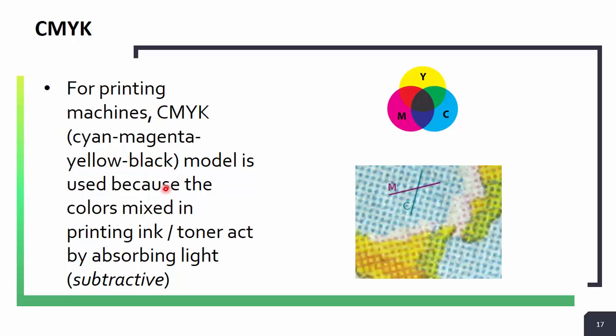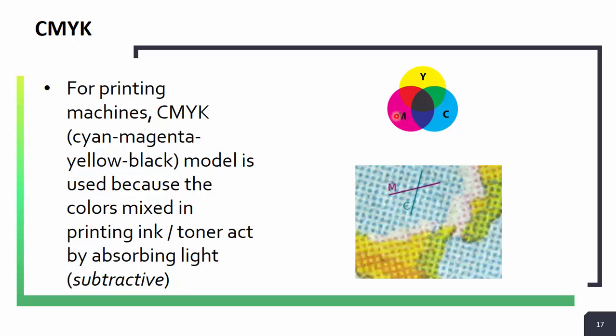This model is used because color mixing in ink printing or toner printing is actually absorbing color. Absorbing means you subtract the color. The color will be absorbed first and then reflected to our eyes, so the effect is subtraction. And this is how we mix them. Yellow added with cyan, we get green.